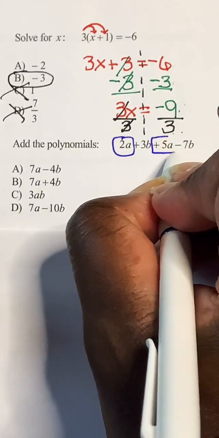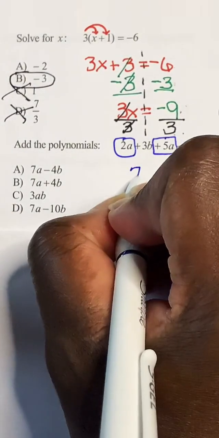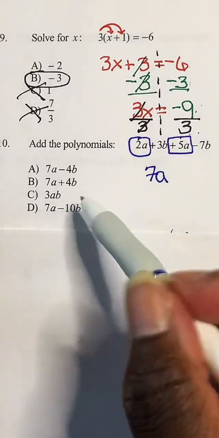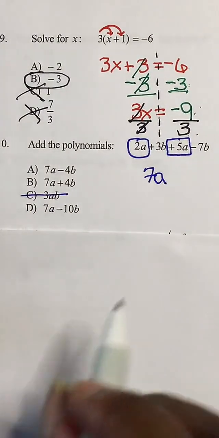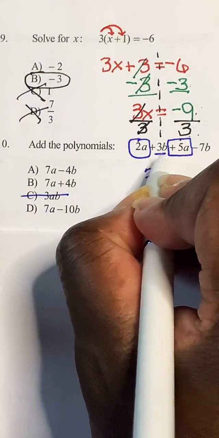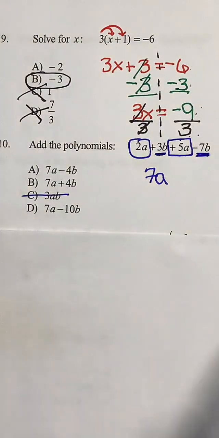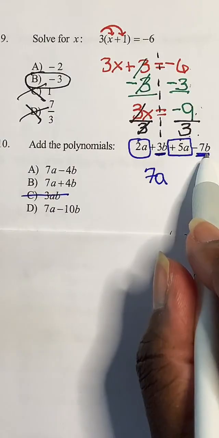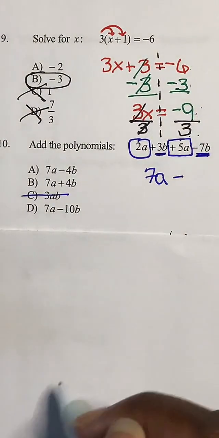All right, so when you're adding polynomials, the key thing is like terms. So you want to combine your 2a with your 5a. So right away, that gives you 7a. As soon as I combine that, boom, I'm looking at my answer choices, C is out.